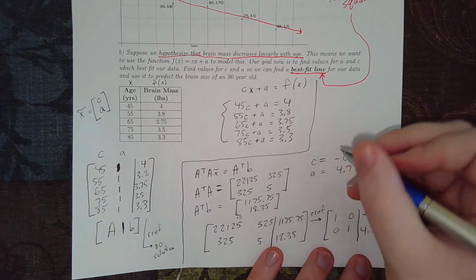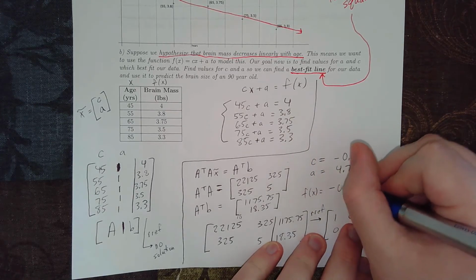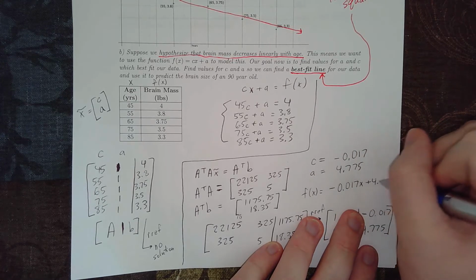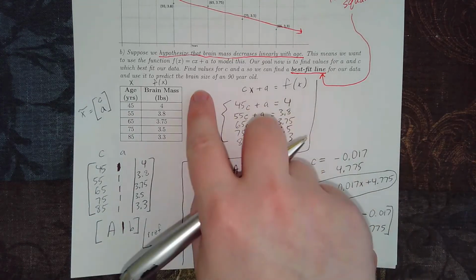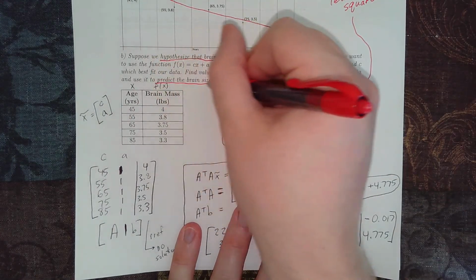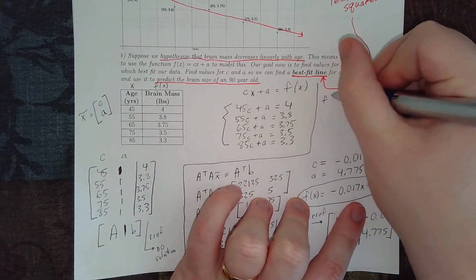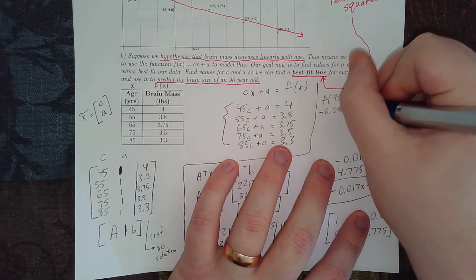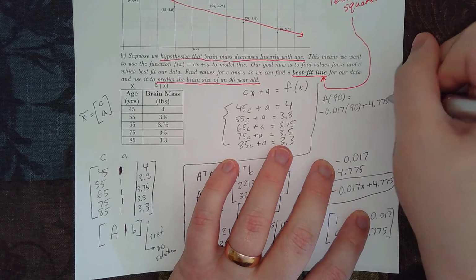And so our function is going to be f of x equals negative 0.017x plus 4.775. And so let's say we wanted to predict the brain size of a 90-year-old. What that means is we're taking f of 90, which would be negative 0.017 times 90 plus 4.775.